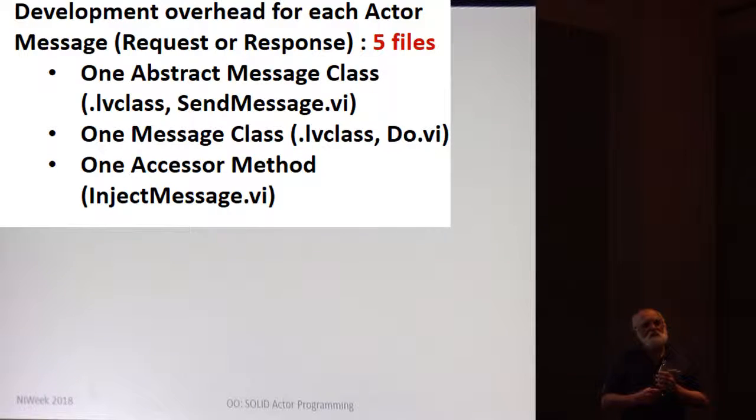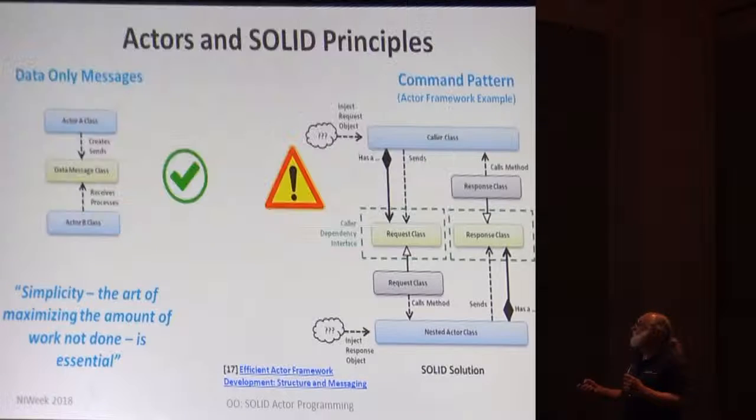You can just say, I sent this and I will receive a data message containing the data type. You don't need to make these injections, but this still stands, right? You have to have this statically decoupled from each other. So one less file in that case, 4 files per public method. Yeah, so that's another way to do it.